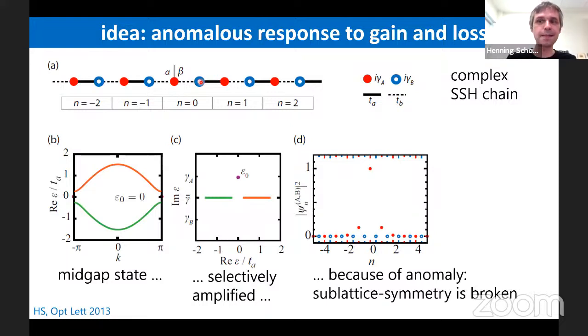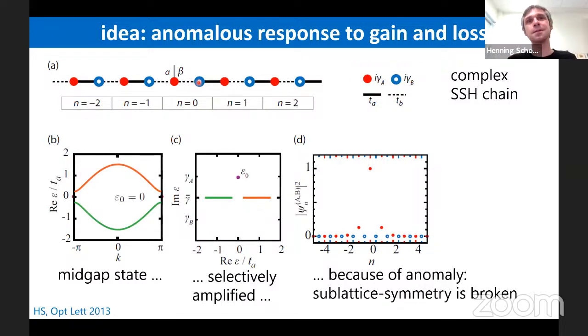What this models, if you just look at the conservation laws, when we derive the continuity equation for the Schrödinger equation of our tight binding model, it actually generates photons or destroys photons. So this is just describing gain and loss in the system. And when we want to use this to try and break some symmetries, we would just give different rates of gain and loss to the blue and the red sublattice.